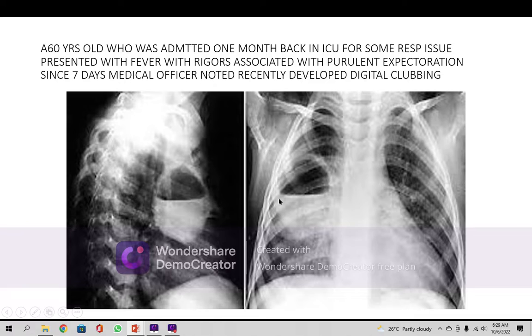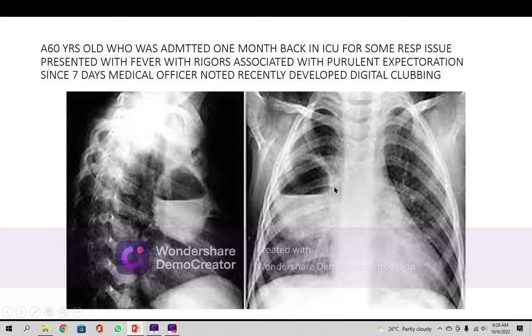It is about a 6 by 4 centimeter oval lesion. All the boundaries are visible here. You can see, this is a homogeneous opacity with a fluid level inside it. There is a fluid level inside it, confirmed on the right lateral chest view.